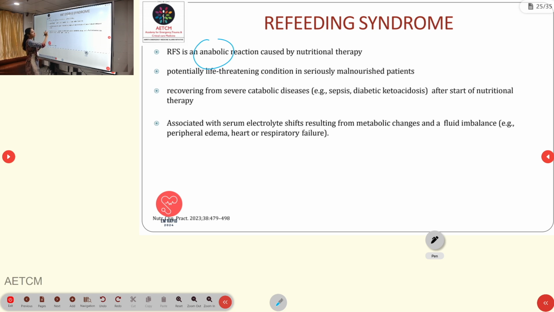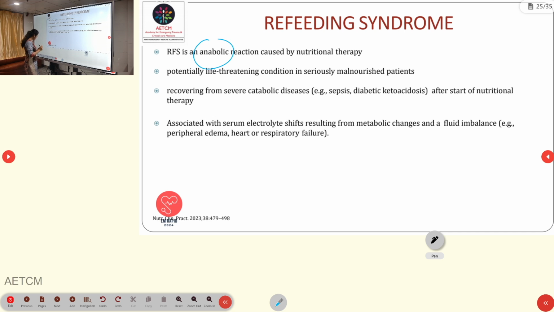It is actually a life-threatening condition. When the patient gets a lot of feed, the body will go into an anabolic state, and all the electrolytes will shift from the extracellular fluid into the intracellular region.